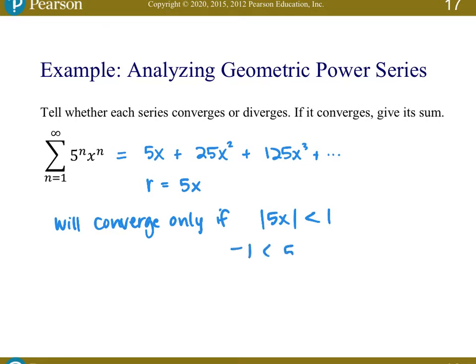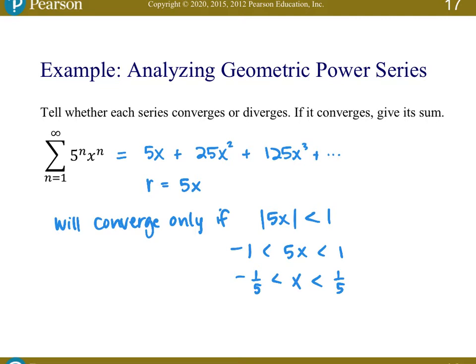So in other words, 5x has to be between 1 and -1. So x has to be between 1/5 and -1/5. This is called the interval of convergence. So this power series will converge as long as the x values stay within the region from -1/5 to +1/5.